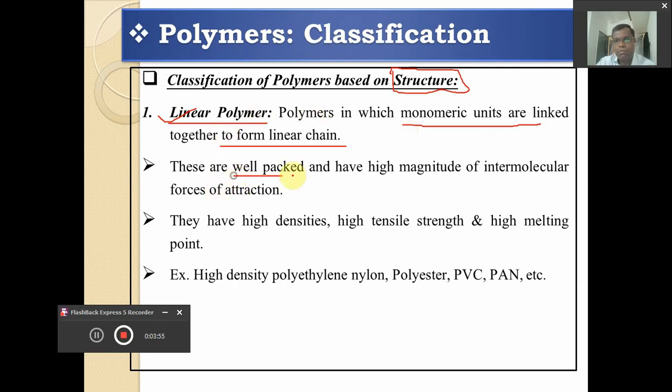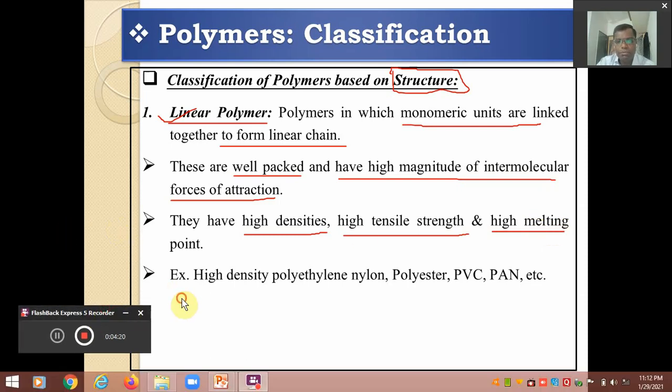These polymers are well packed, and they also have a high magnitude of intermolecular force of attraction. This is also important. These polymers will also show a high value of density and tensile strength, as well as a high value of physical constants, particularly melting point.